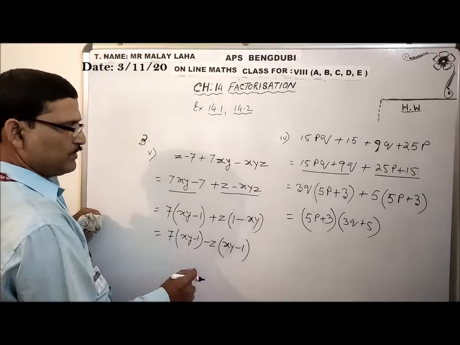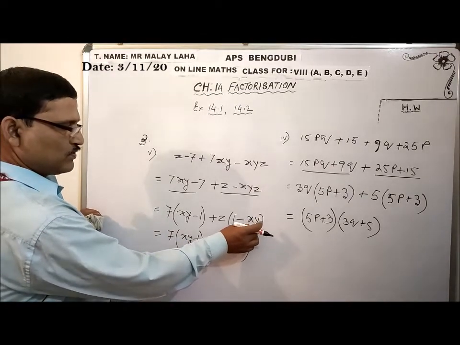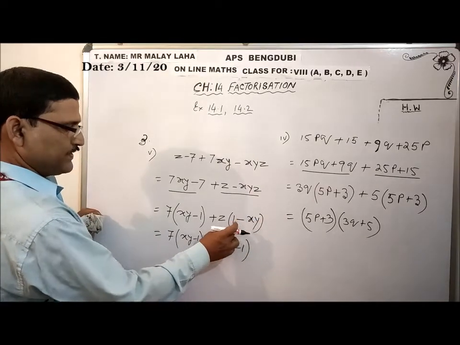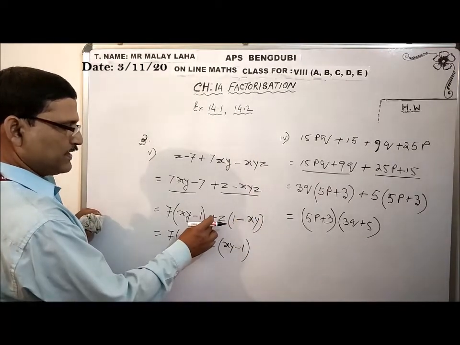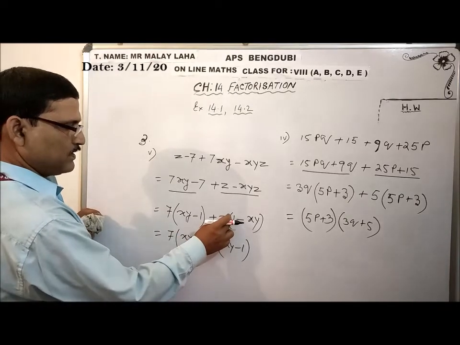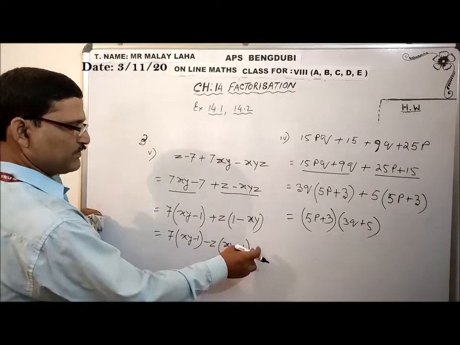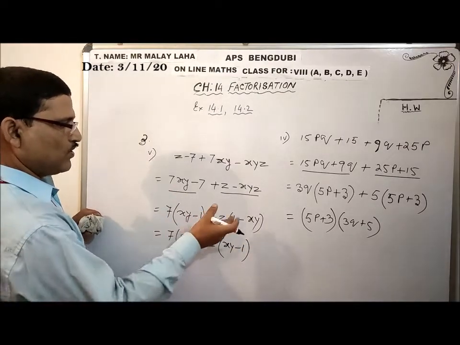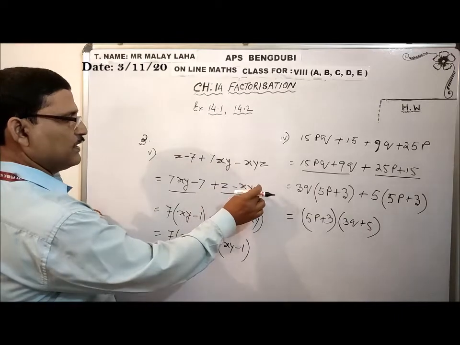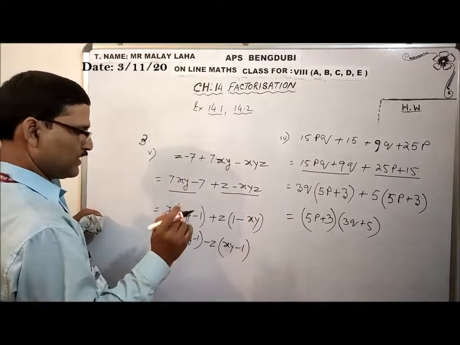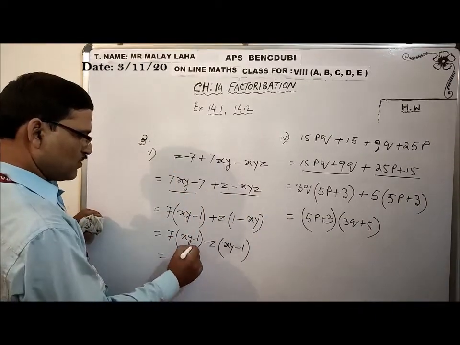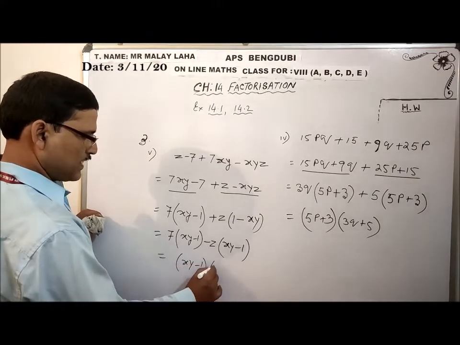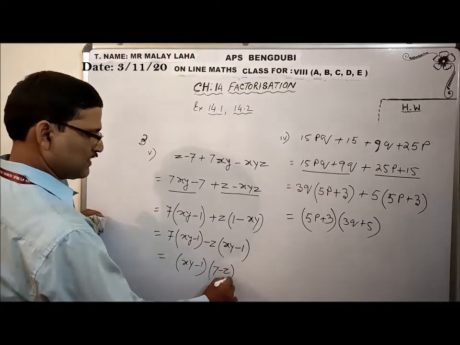Okay, the sequence will be matching. Have you understood? If I write xy first, xy was negative, that negative sign I have given here. And this plus sign, if I shift over there, it will be minus. Or better is that you write down here and you write down here. That can also be done. What is the overall common? xy minus 1 is a factor, and 7 minus z is another factor.